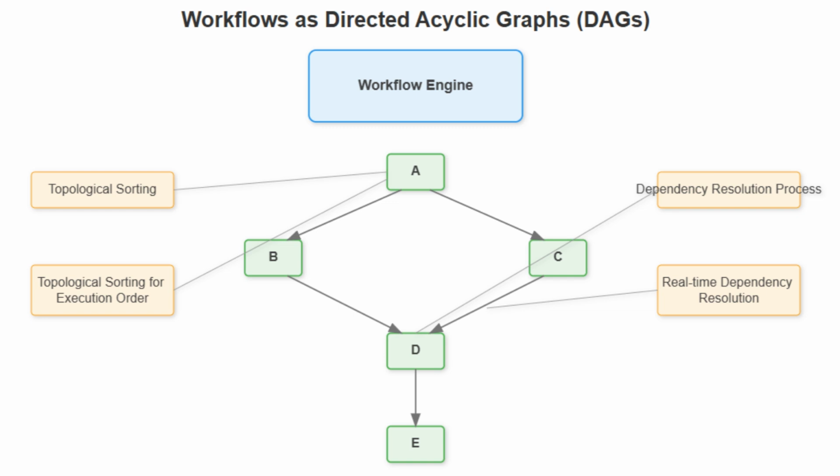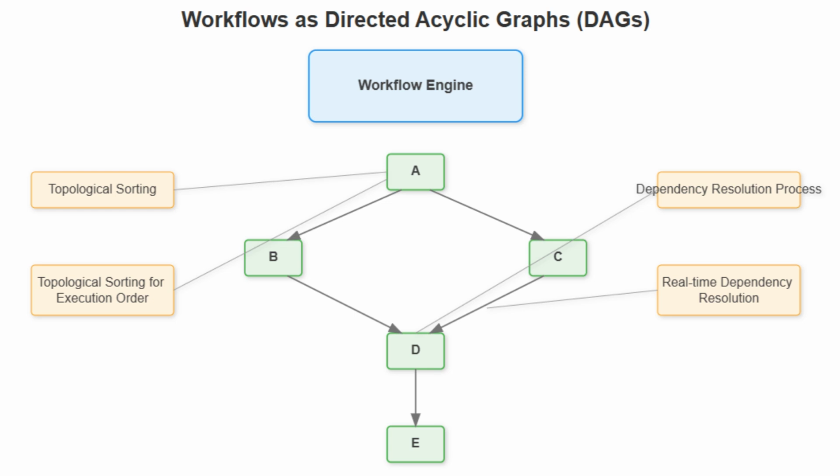Our orchestration engine uses topological sorting to determine the correct execution order. This algorithm helps us validate the workflow definition for cycles and ensures logical consistency before anything even starts. During execution, the system performs real-time dependency resolution. It continuously evaluates which tasks are ready to run because all their upstream dependencies have successfully completed.